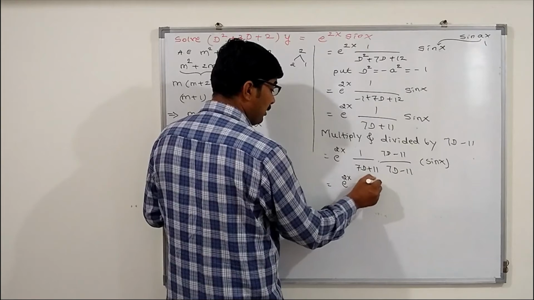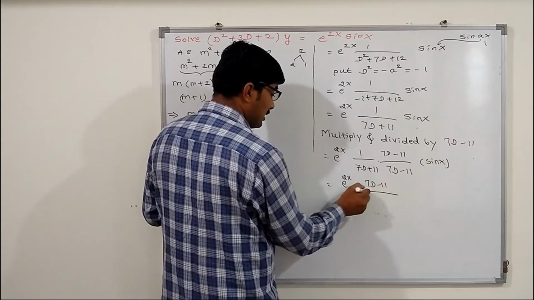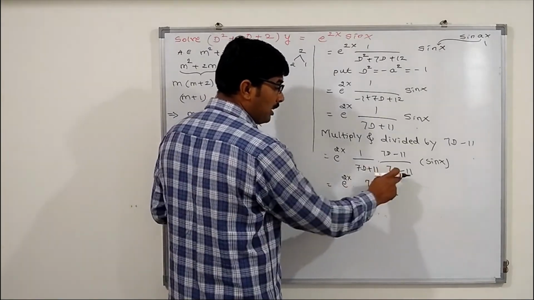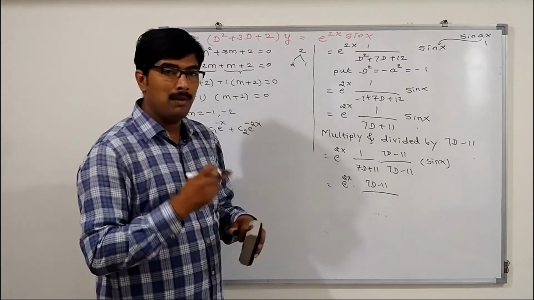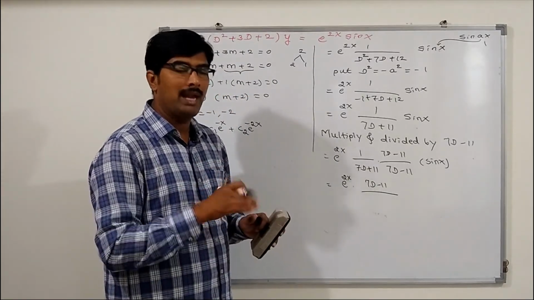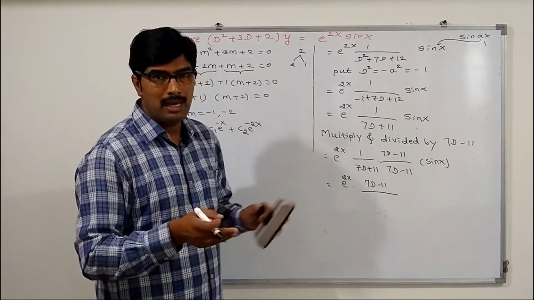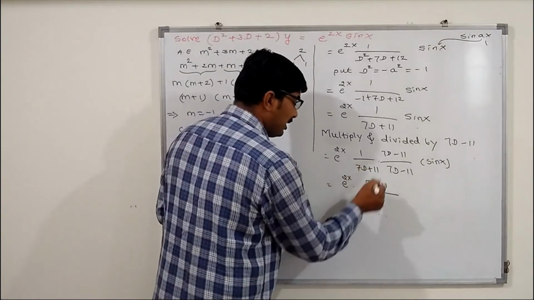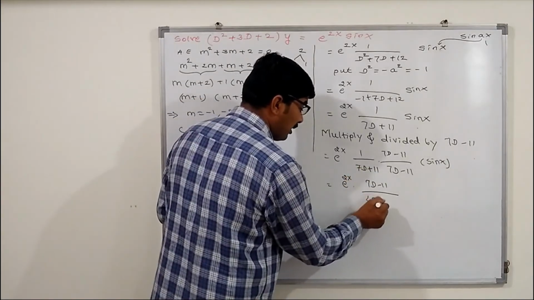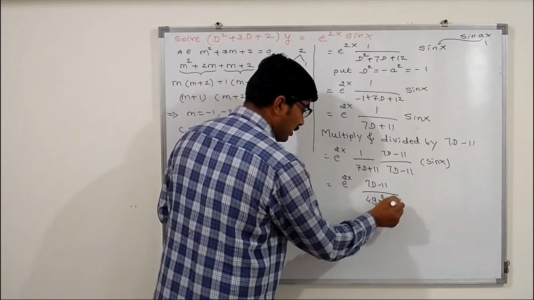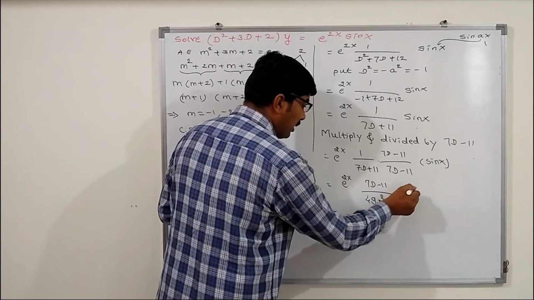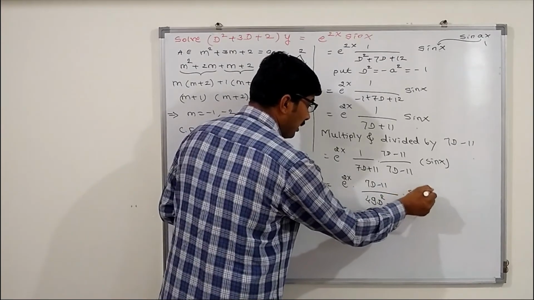This is equal to e raised to 2x into 7D minus 11, as it is, divided by the denominator, which is in the form of a plus b into a minus b, and a plus b into a minus b is a square minus b square. So 7D square is 49D square minus b square, 11 square is 121, of sin x.